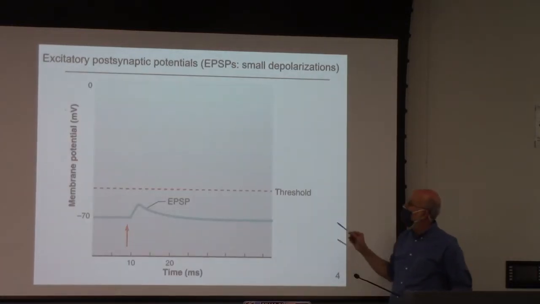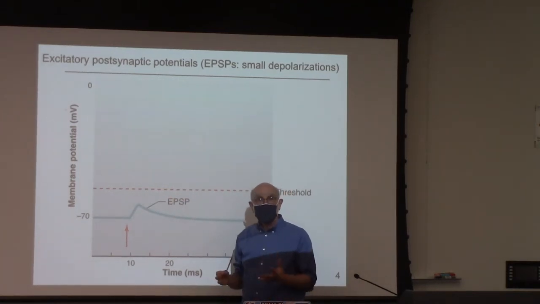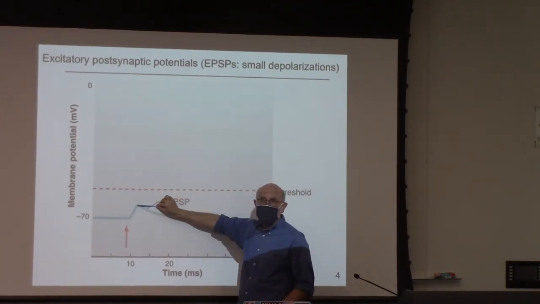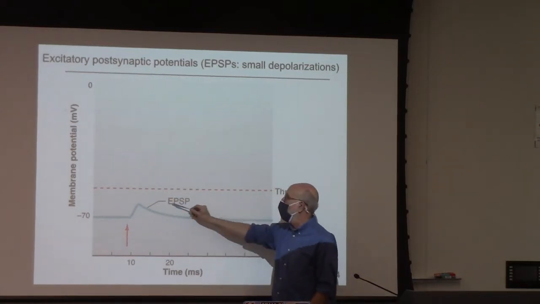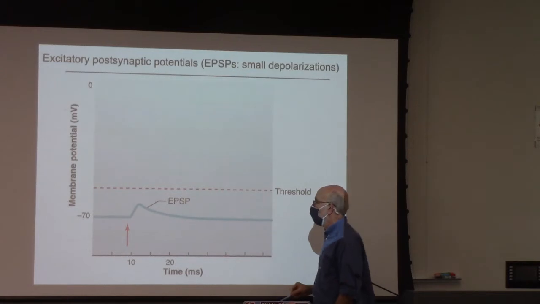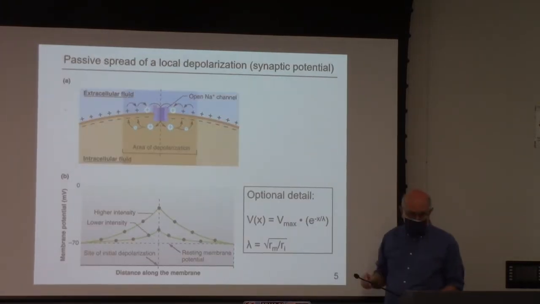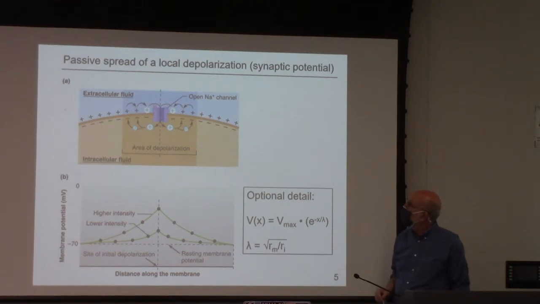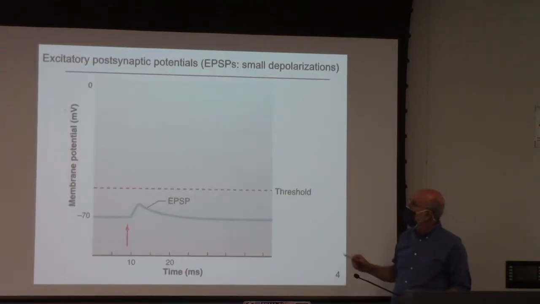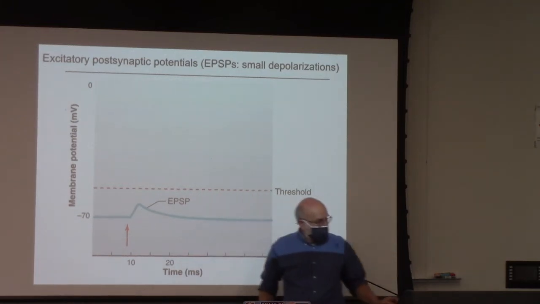we can get a small local depolarization, which is called an excitatory postsynaptic potential. Or, let's skip this part. Well, no, I don't want to skip it too much. So, what I mean, it's small because it's just that little synapse.